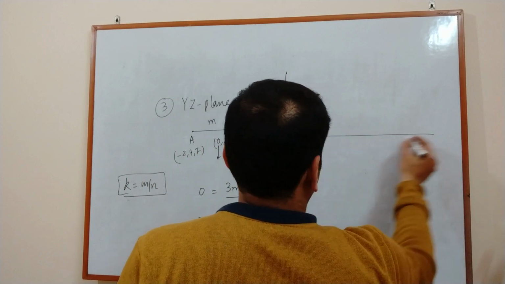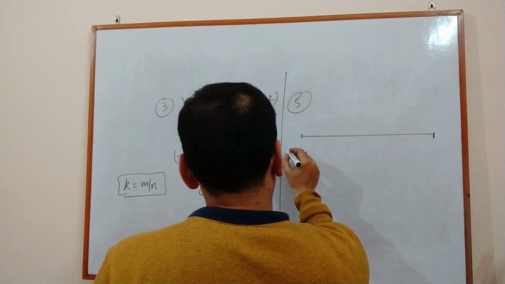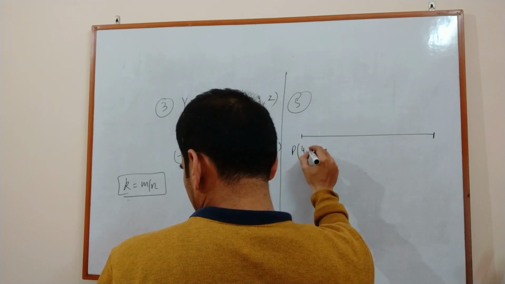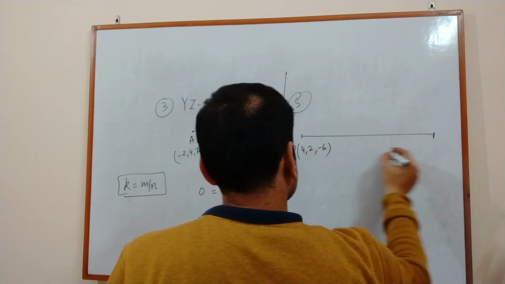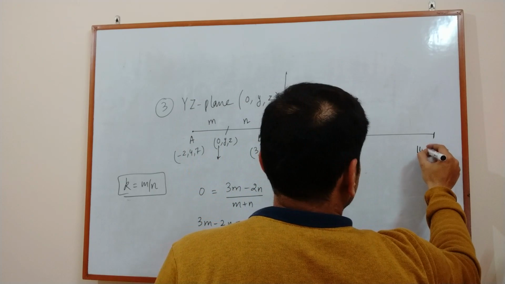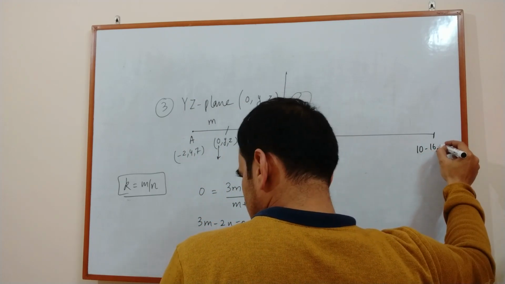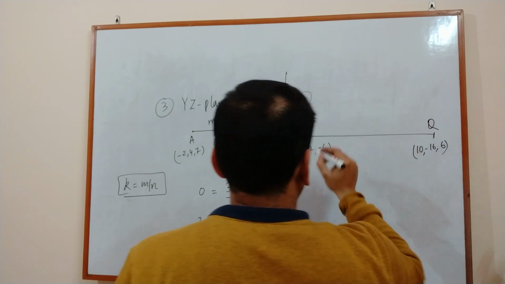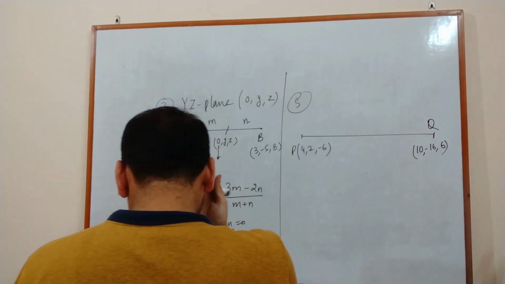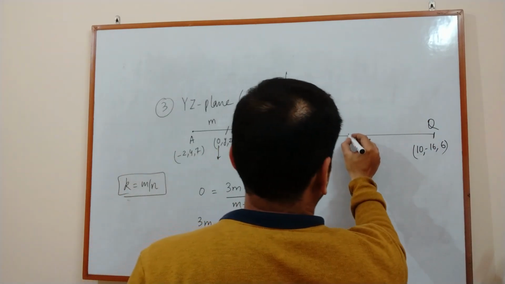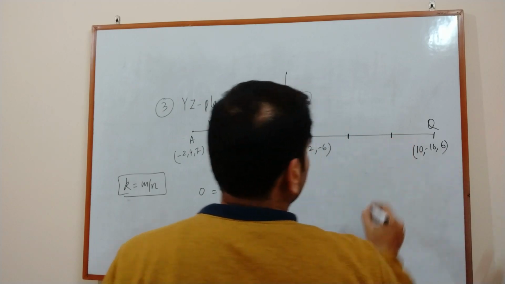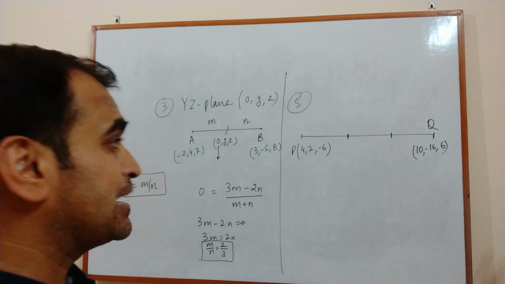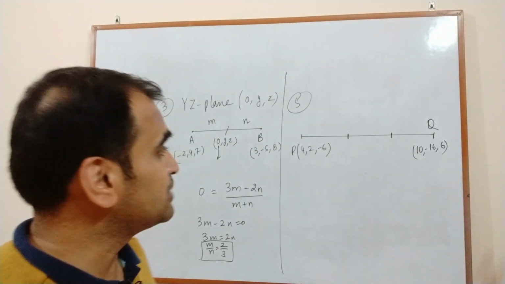In question number 5, we have a point P(4, 2, minus 6), and point Q is (10, minus 16, 6). We have to find the coordinates of the points that trisect. तो trisection का मतलब हुआ कि इसको 3 पार्ट्स में इक्वली डिवाइड करना. अगर ये बाइसेक्शन होता है, बाइसेक्शन मतलब 2 होता है, तो 2 पार्ट्स में इक्वली डिवाइड करना.